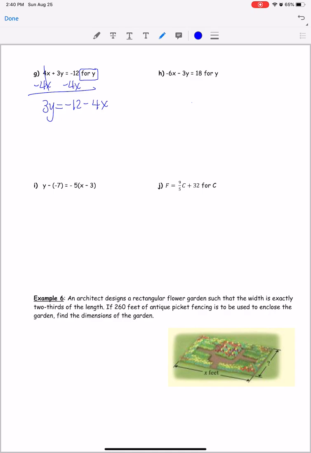Now here's where the tricky thing comes in. To get this y by itself, we're dividing, and I think we're all good on that portion. But when I divide this left side by 3, what am I dividing on the right? Just the negative 12 or the negative 4x?